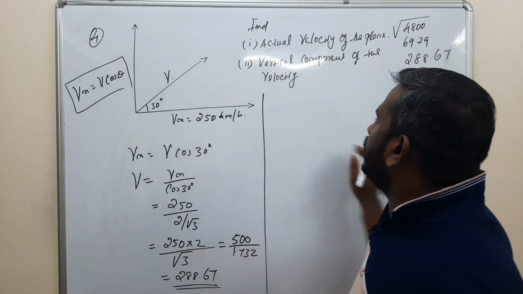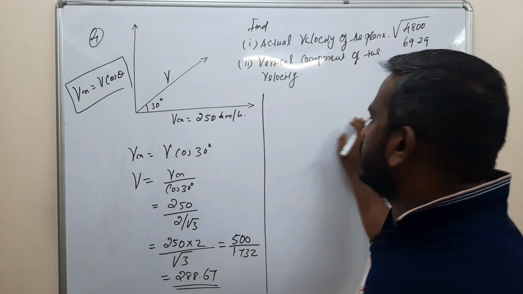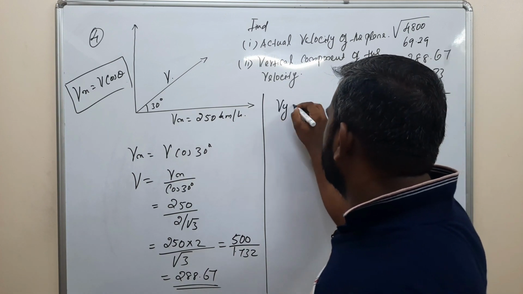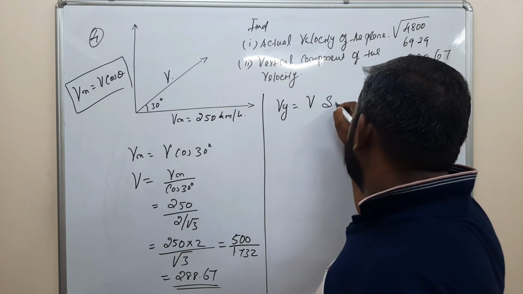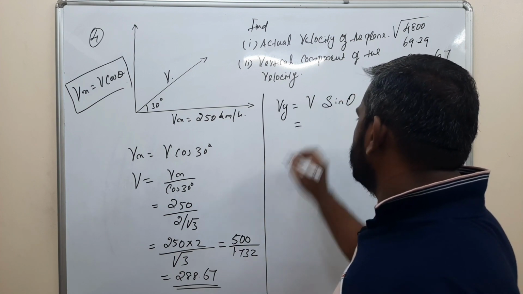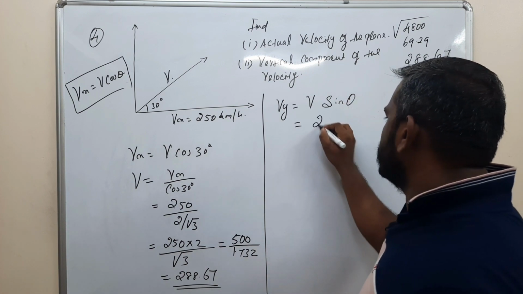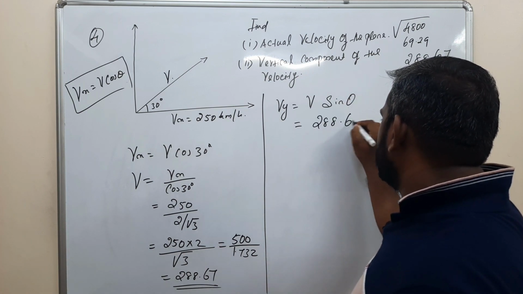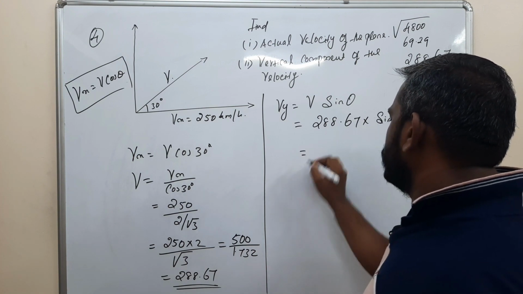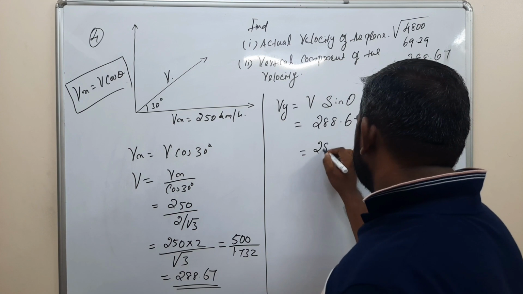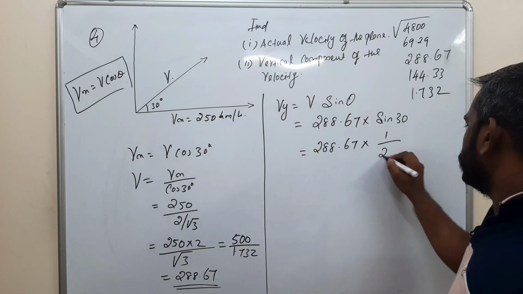Next we have to find the vertical component of the velocity. Vertical component, that is Vy, is equal to V sin theta. The value of V is 288.67, so Vy is 288.67 into sin 30, that is 1 by 2.